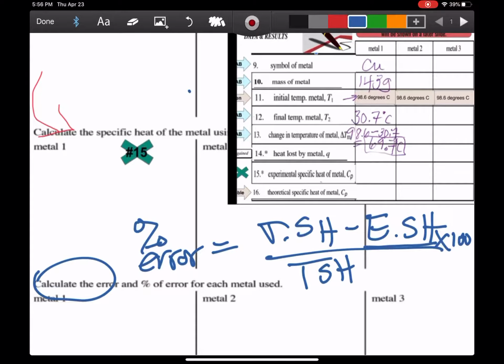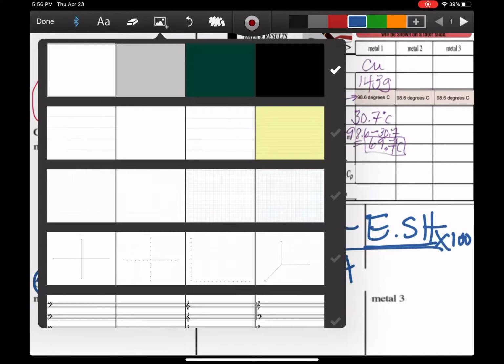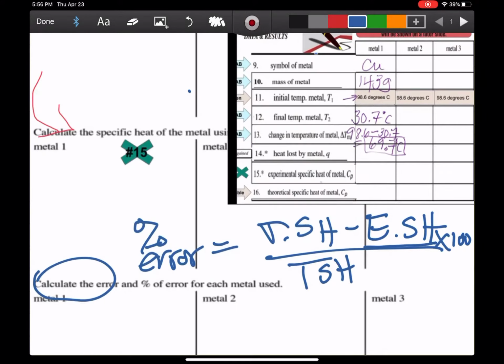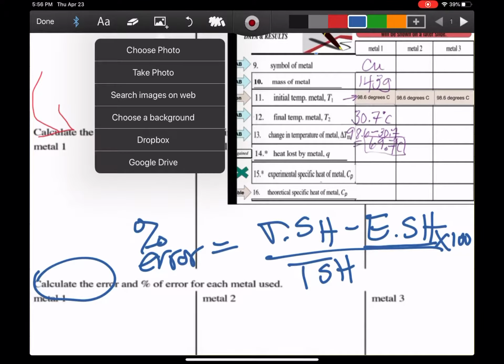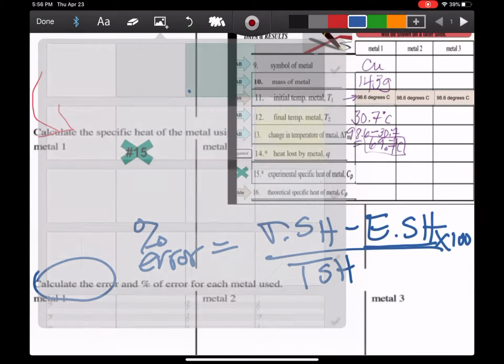So what you'll have to do is go to, let me get a background here. No, apparently not.